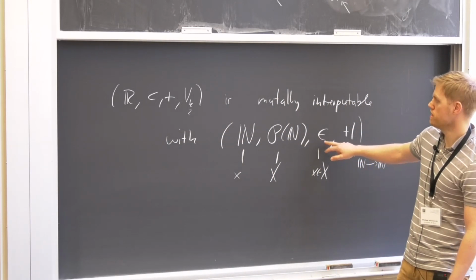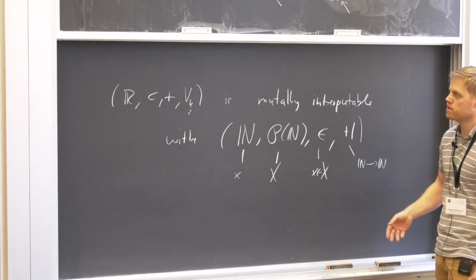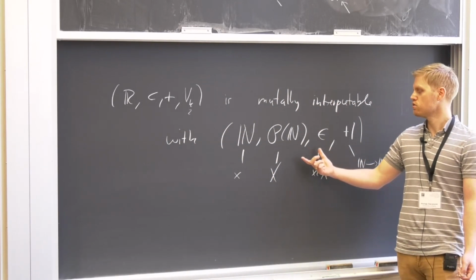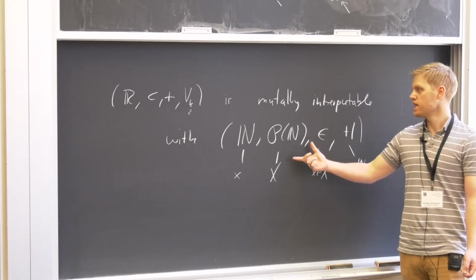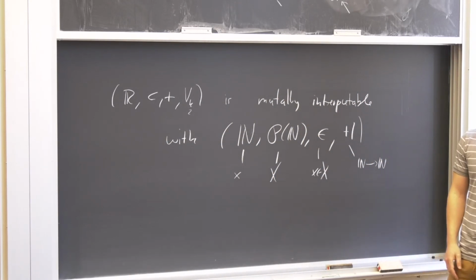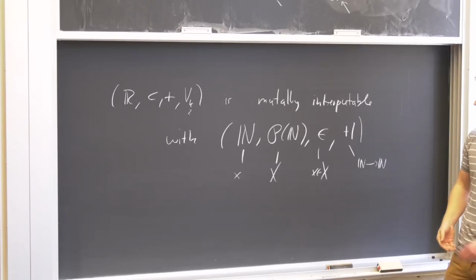Then membership comes from whether or not a digit is 1 in the binary representation, and +1 is clearly in there. The only hard thing is to show that under this interpretation of real numbers as subsets of N, you can actually define addition. But addition in binary is just the usual carry algorithm, and you can show that this is definable here.